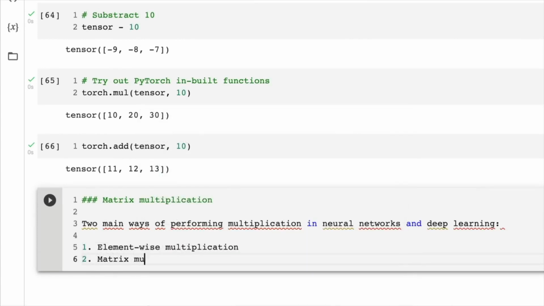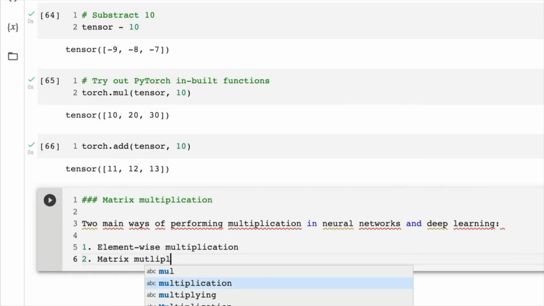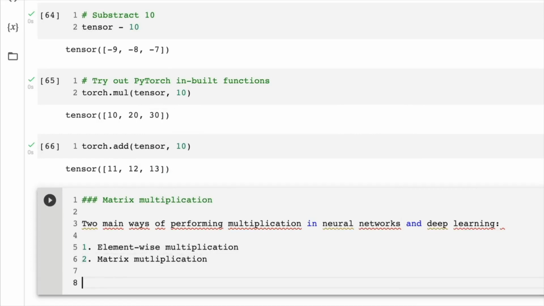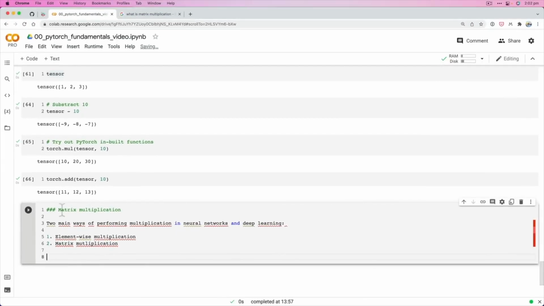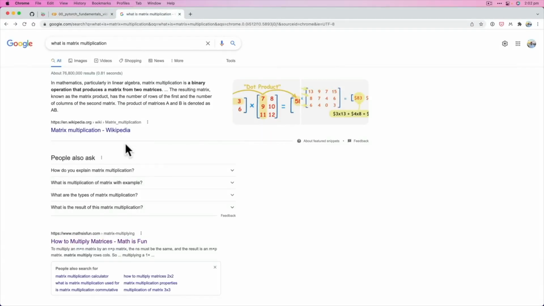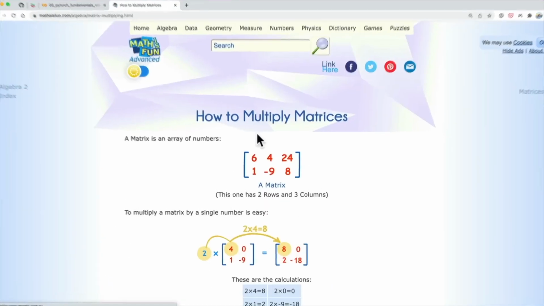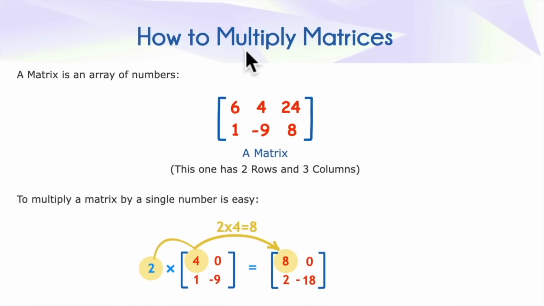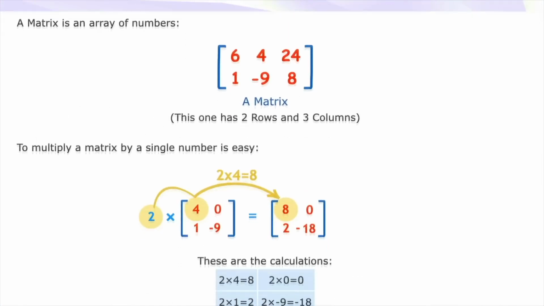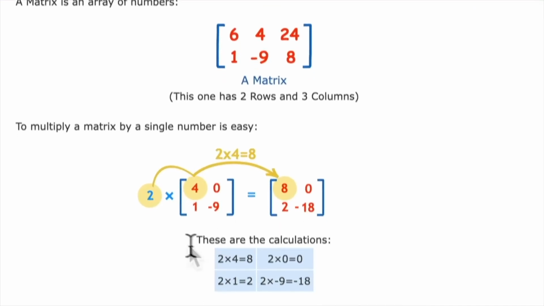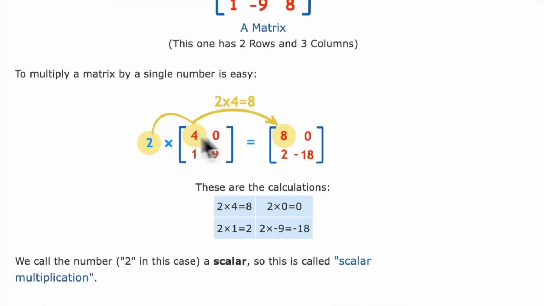So matrix multiplication is actually possibly the most common tensor operation you will find inside neural networks. And in the last video, I issued the extra curriculum of having a look at the mathisfun.com page for how to multiply matrices. So the first example they go through is element-wise multiplication, which just means multiplying each element by a specific number.